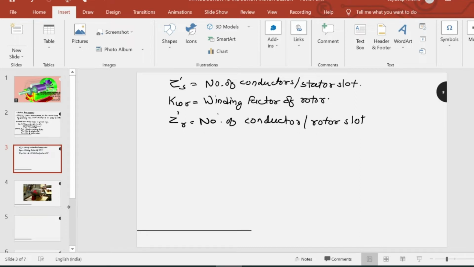And what is I dash R? I dash R is the equivalent rotor current in terms of the stator conductor.